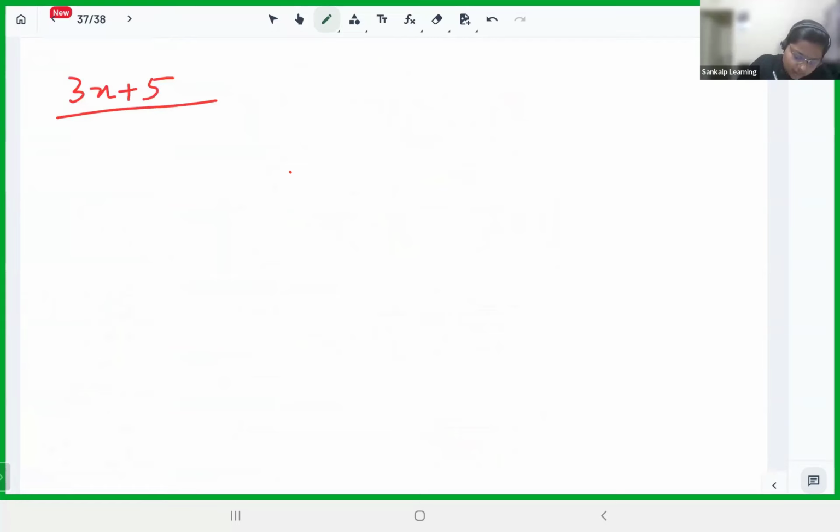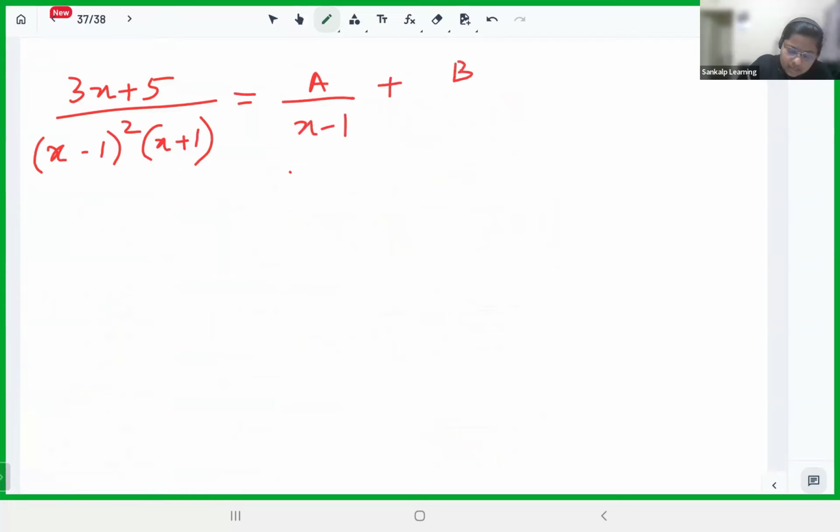3x plus 5 by (x minus 1) the whole square into (x plus 1) is equal to a by x minus 1, plus b by (x minus 1) the whole square, plus c by x plus 1.